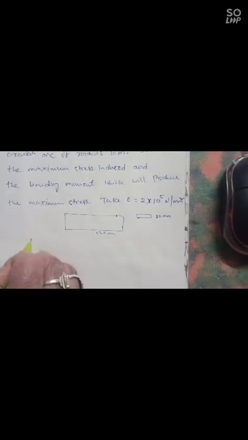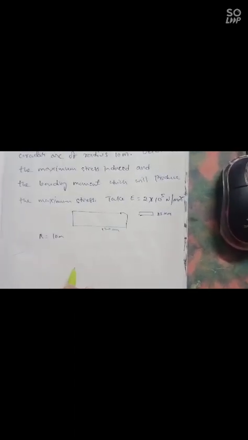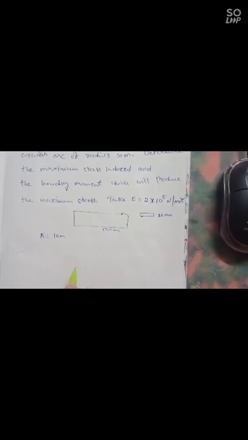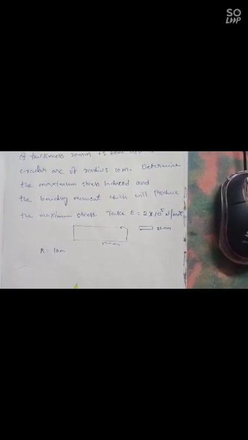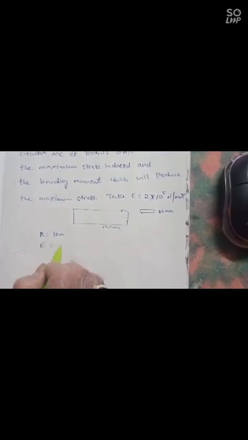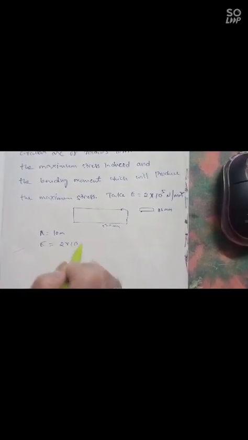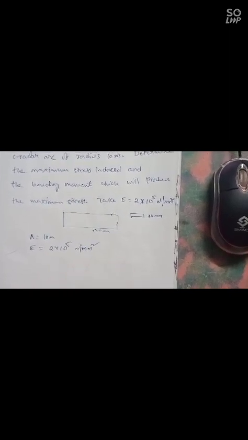So R is given as 10 meters. Determine the maximum stresses induced and the bending moment which will produce the maximum stress. Here E value is taken as 2 into 10 to the power of 5 newtons per mm square.